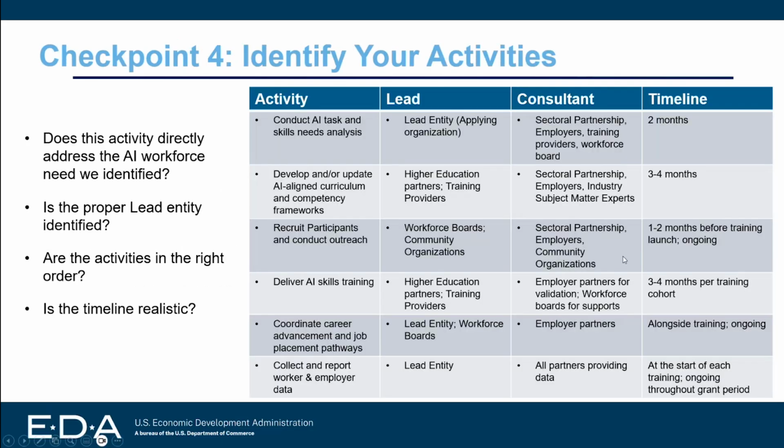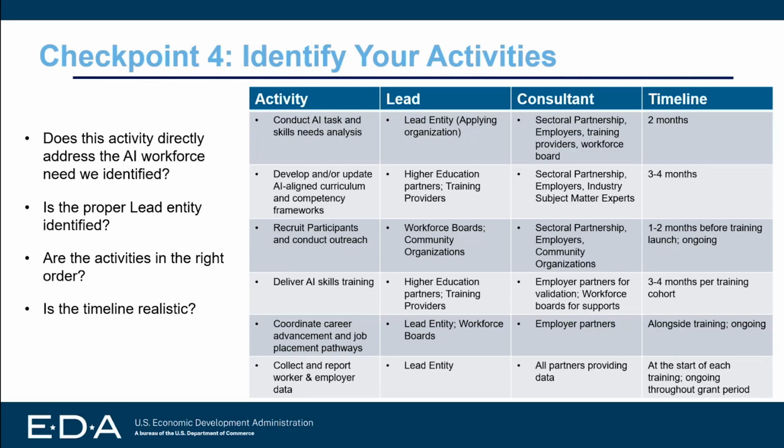Checkpoint 4. So this is creating a timeline and identifying the activities you're proposing. You're looking to list out the activities that you will provide in your proposal, identifying the organization or the partner that will lead that activity, who that lead organization is consulting with, and identifying the timeline associated with each activity.